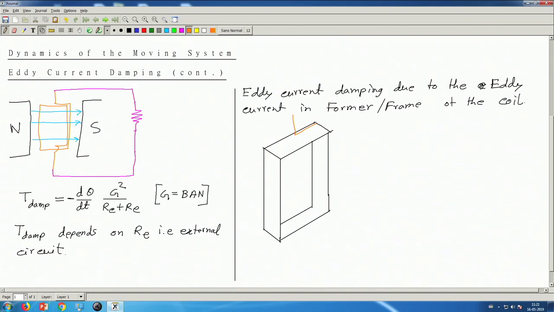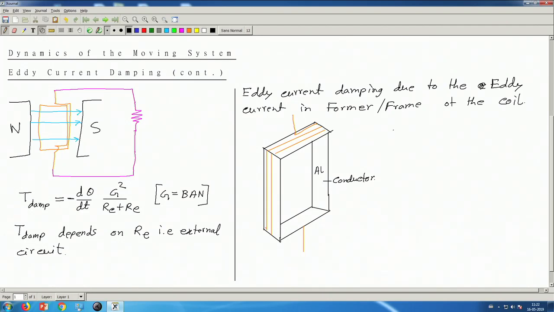So the coil goes like this, and so on. Now, this former itself is a conductor. It is made up of aluminum. Therefore, this frame can also be thought of as a single turn coil.